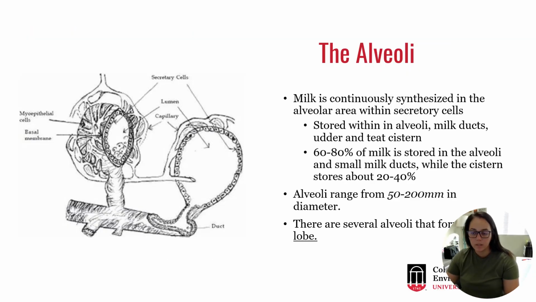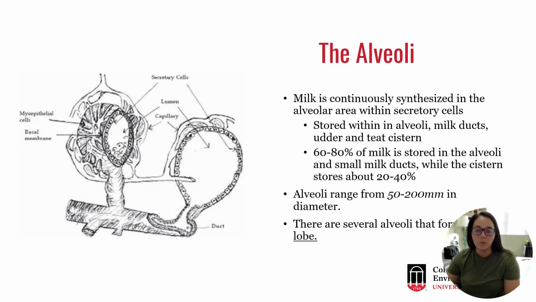Okay, so as I mentioned on the previous slide, through alveologenesis, they develop what is called the alveoli. And so as you can see on the left-hand side, these little bulb-looking things are the alveoli. And so within the alveoli, there are several different structures that we'll discuss a little bit later.